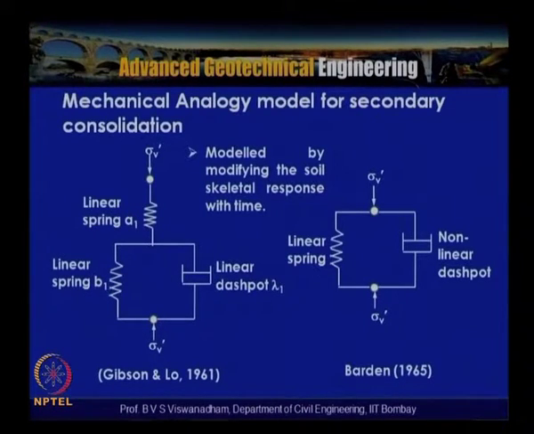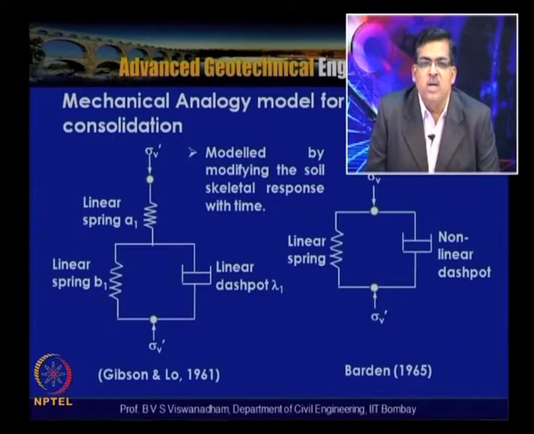This is represented by Gibson and Lowe in 1961 by a linear spring A1, a linear spring B1 and a linear dashpot delta 1. Further, this was modified by Barden in 1965 by replacing the linear spring and using a non-linear dashpot instead of a linear dashpot, to get close to the creep or secondary consolidation phenomenon in the real situation.